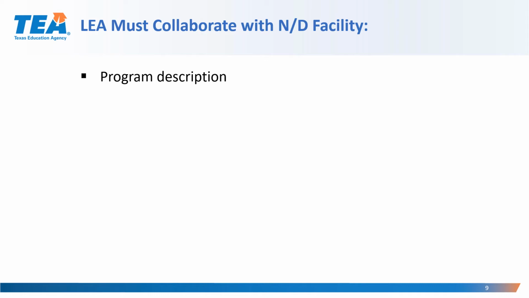The LEA must provide a detailed description of the program. It must provide a description of formal agreements between the LEA and correctional facilities and alternative school programs.